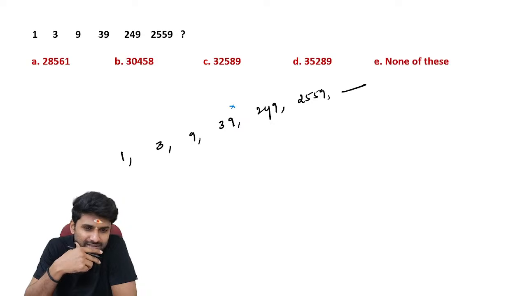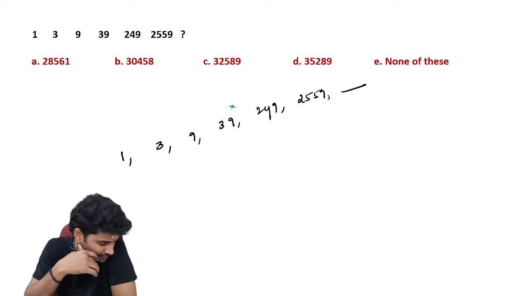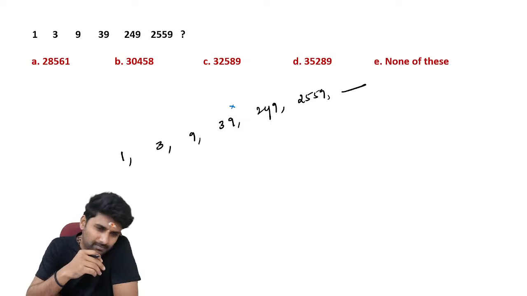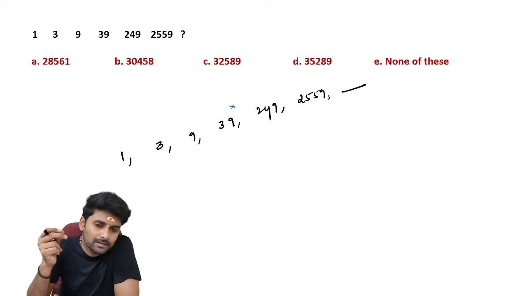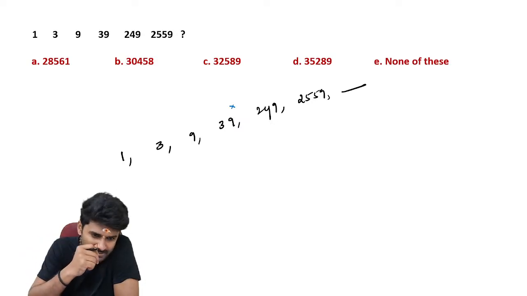32,589. Yes. So what about the logic? It's definitely a multiplication. What kind of multiplication is it? So what about the sequence?